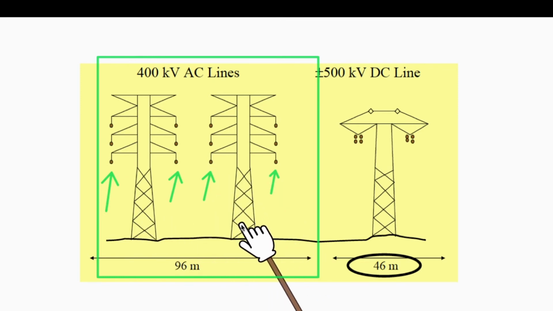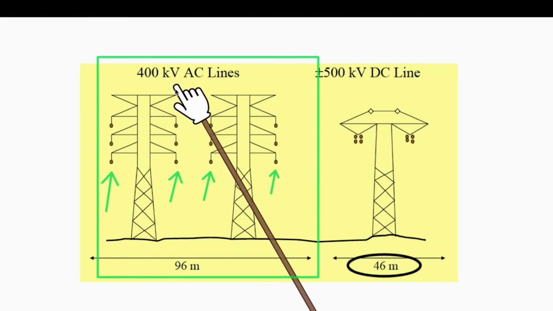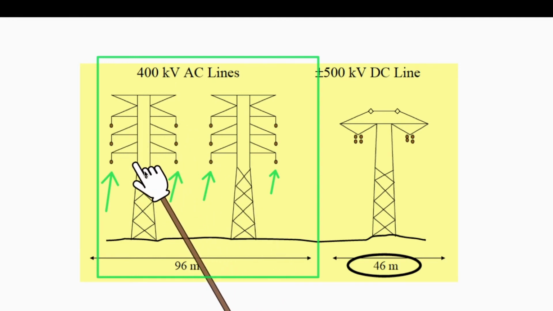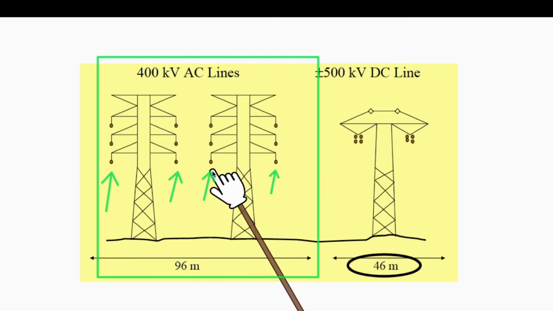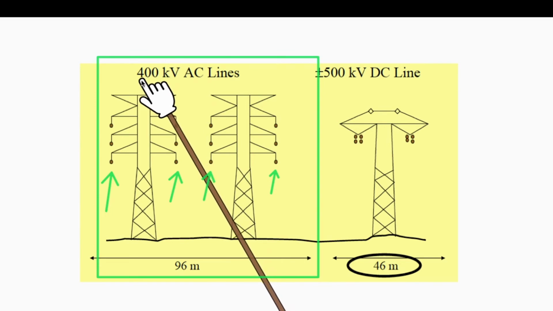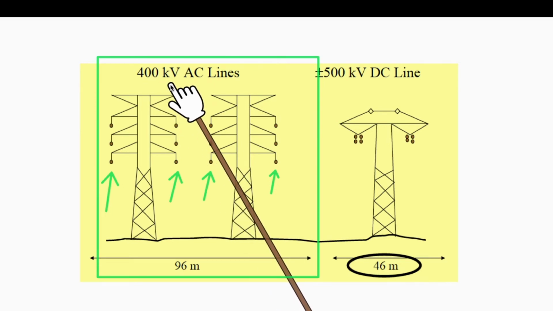So 2 sets of towers are capable of carrying 4 circuits. Four circuits means 4 multiplied by 3, 12 conductors, isn't it? 12 conductors are required for transmitting power of, let us say, 1500 or 2000 megawatt at an AC voltage of 400 kV, which is commonly used nowadays in India.